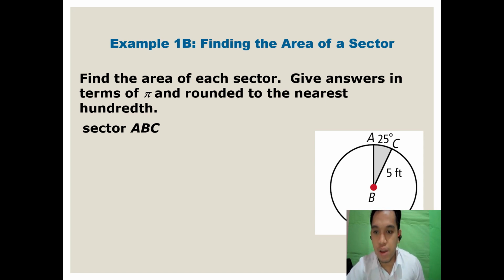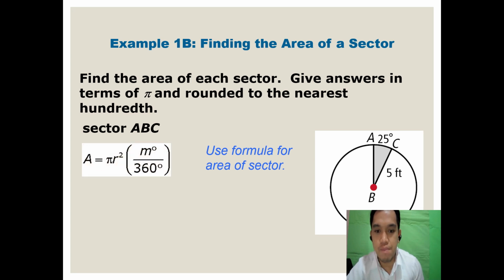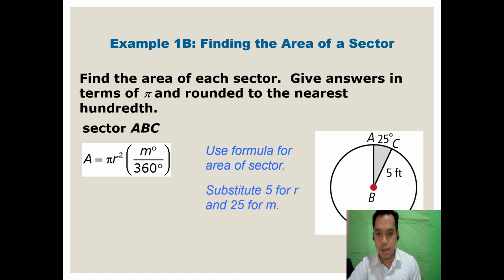So the value of m is 25 degrees and the value of r is 5. Again, use the formula: A equals pi r squared times the quantity of m degrees over 360 degrees. Substitute 5 for r and 25 for m.